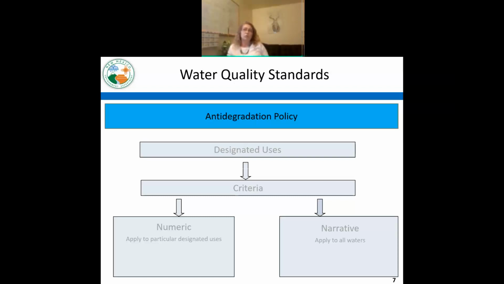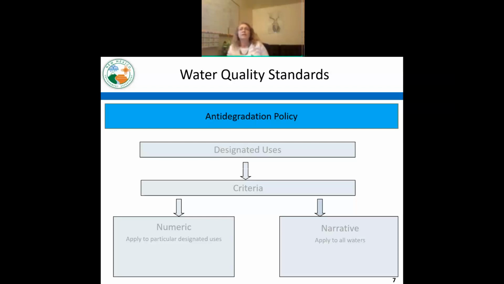Existing uses being those uses actually attained anytime after November 28, 1975, even if they're not the designated use or if they're not currently supporting that use. So remember, the goal of the Clean Water Act is to maintain and protect the physical, chemical, and biological integrity of the nation's waters. So the anti-degradation policy ensures actions are being taken towards that objective by continually improving water quality.